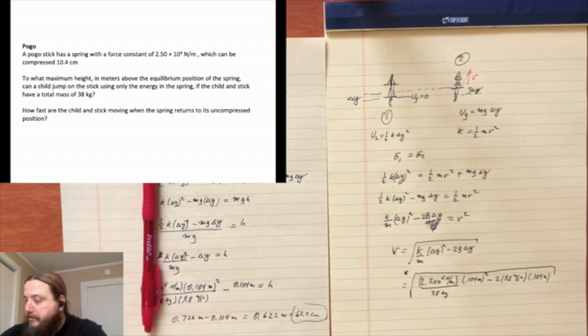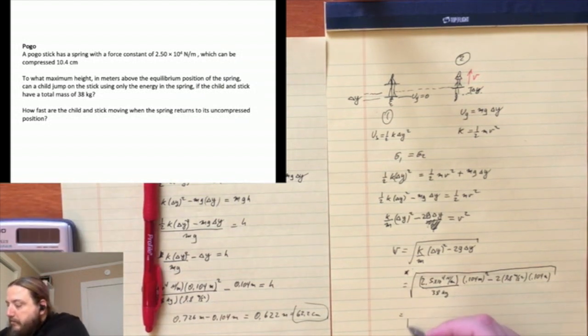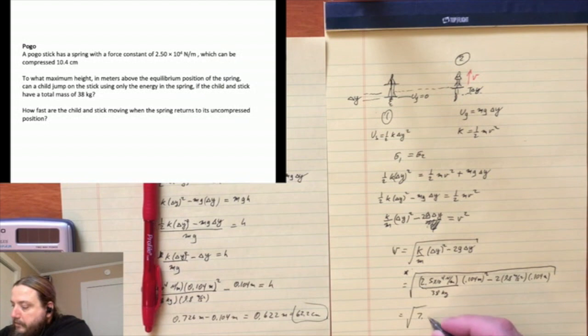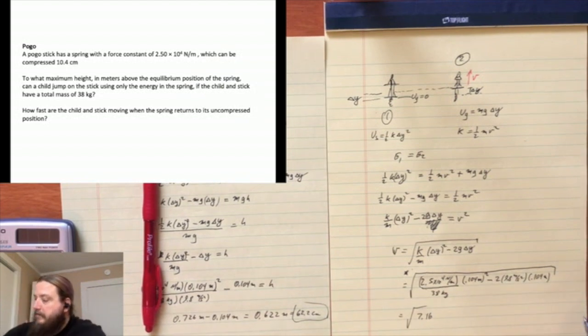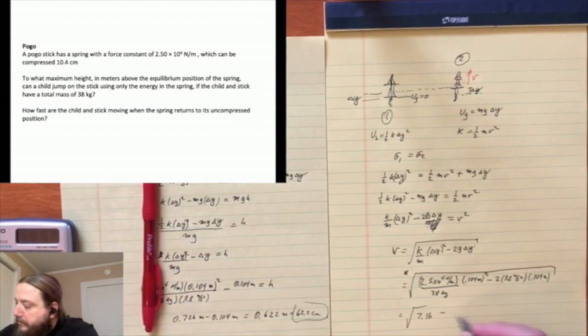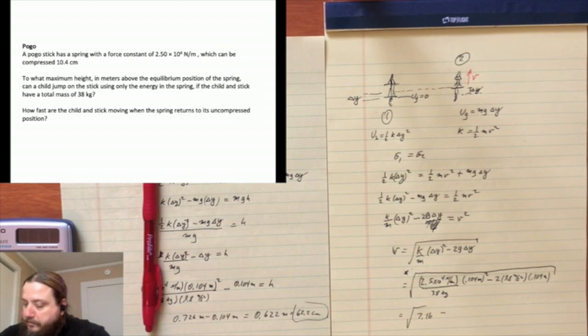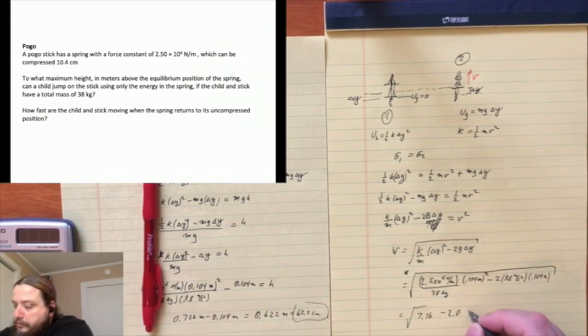0.104 squared times 2.5 10 to the 4 divided by 38. That's the square root of 7.16 on the left minus 2 times 9.8 times 0.104, 2.04.